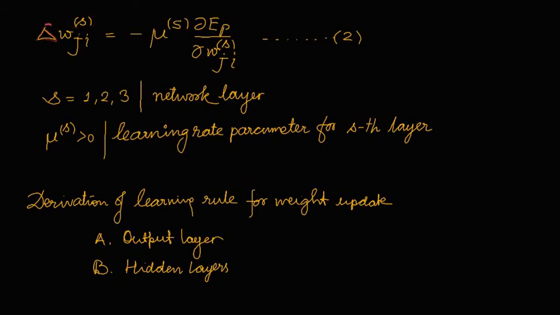This delta represents the change in weight. So whatever weight we currently have for a neural network, how much change is to be done in that. Whatever change we do, that is known as training.